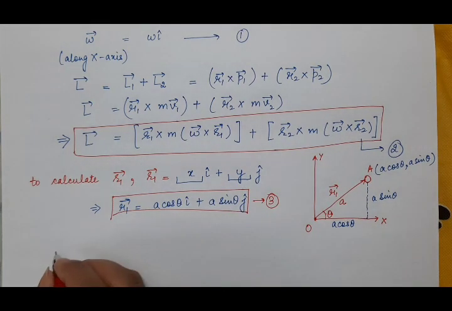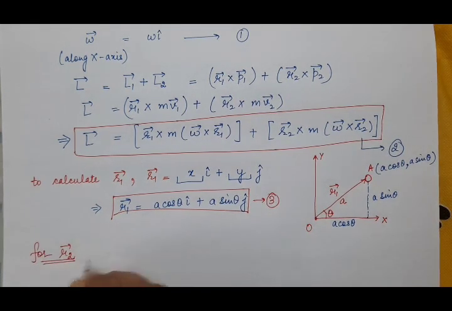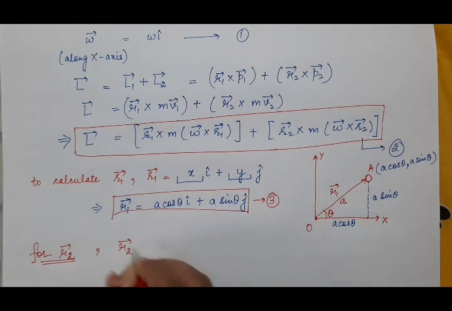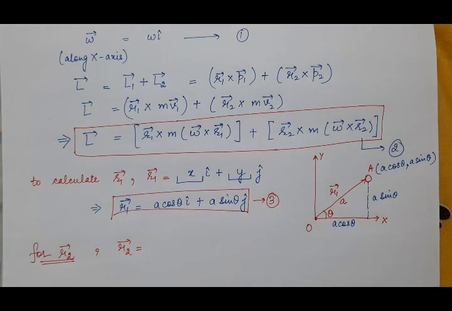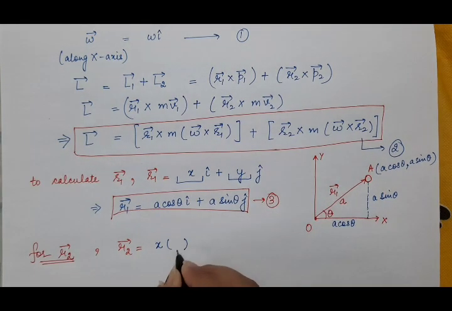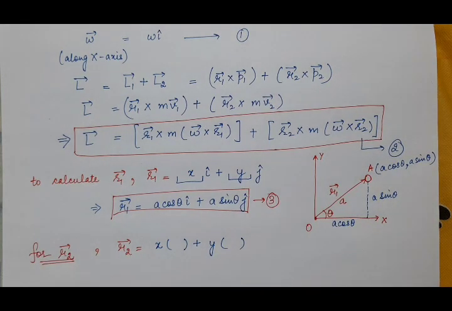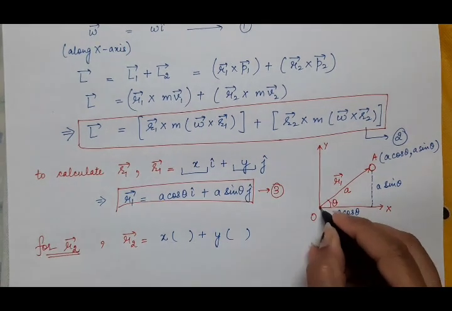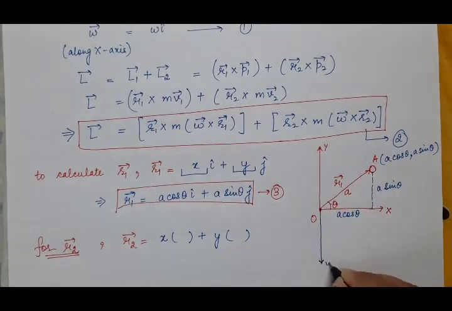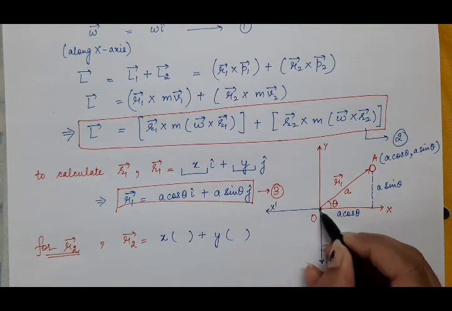Now calculate the value of r2 vector. Again the value of r2 vector will be x component into its direction plus y component into its direction. And what is this r2 position vector? This is the position vector of the second particle on this side.